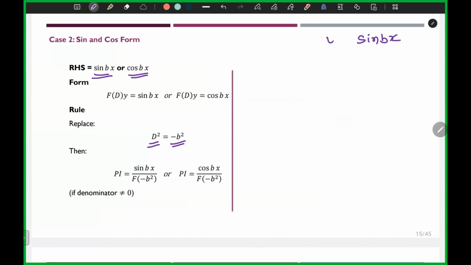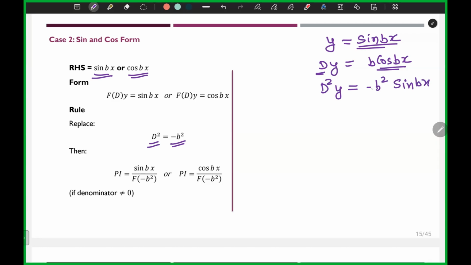If I take y equals sin bx and differentiate it, it becomes b cos bx. Here I can't compare, like sin bx was my y, and in the last case it was the same thing, so I can't say anything about D. But if I differentiate again with respect to x, it becomes minus b squared sin bx.